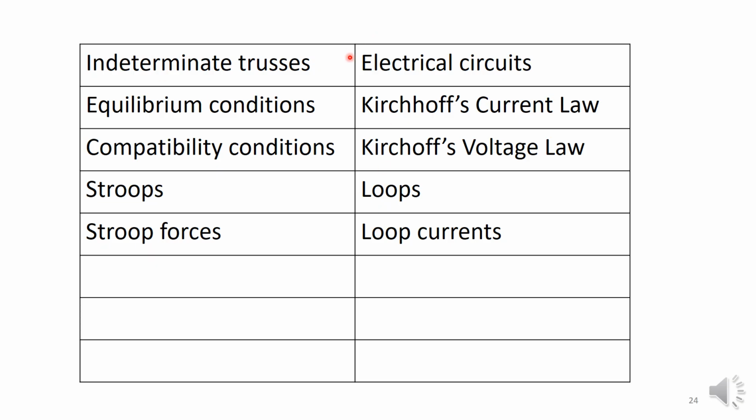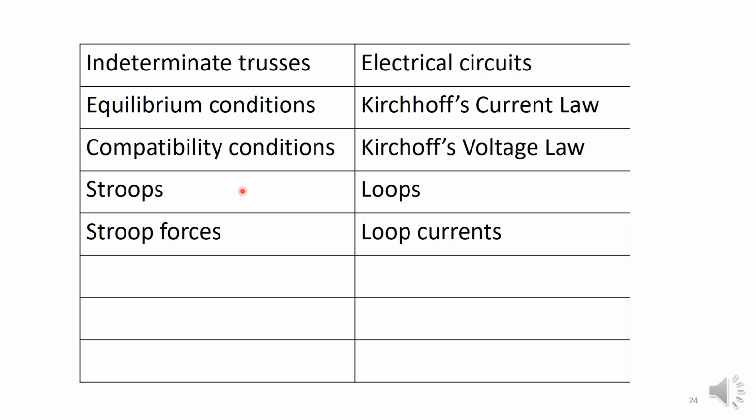In electrical circuits, you have, well, electrical circuits. For trusses, you have equilibrium conditions which must be satisfied. For electrical circuits, you have Kirchhoff's current laws which must be satisfied. So you have equilibrium of currents in electrical circuits. For trusses, you have compatibility equations which must be satisfied. For electrical circuits, you have Kirchhoff's voltage law which must be satisfied for each loop.